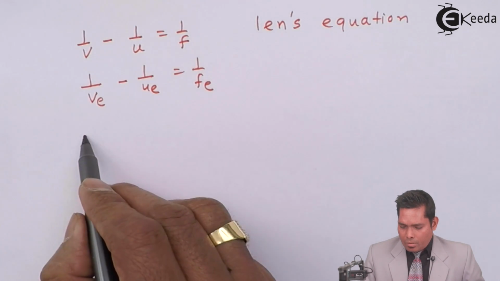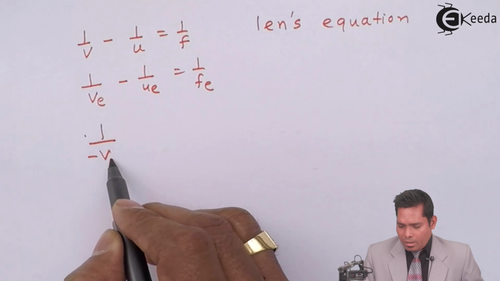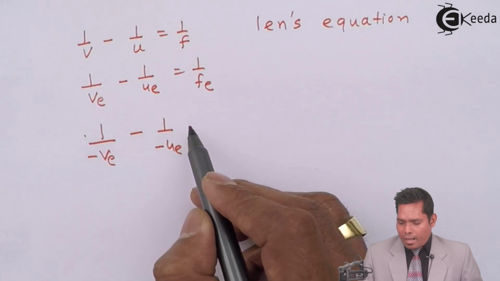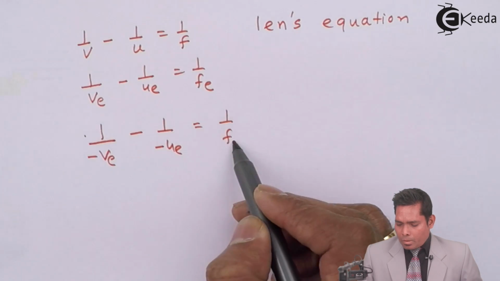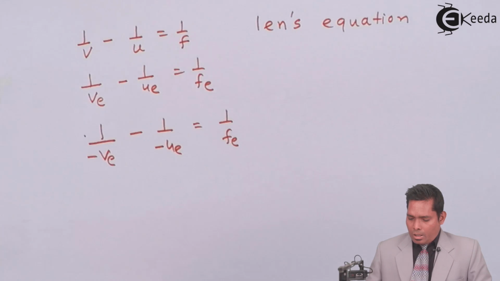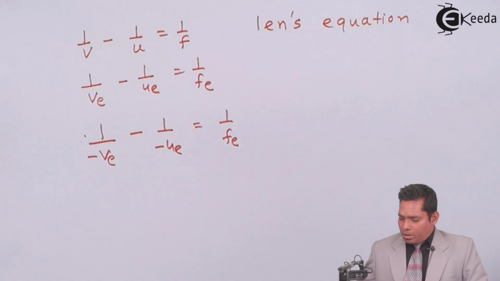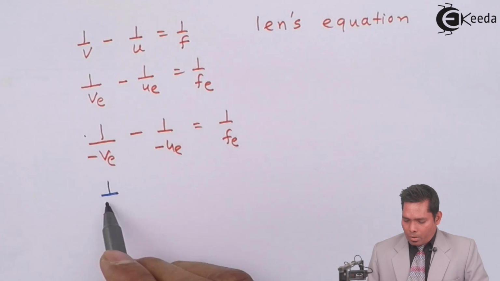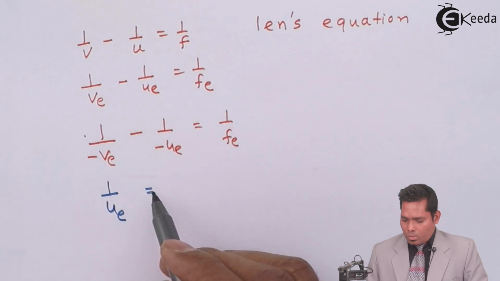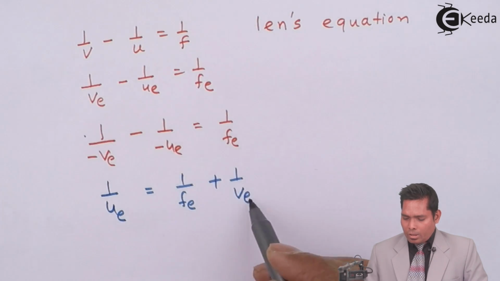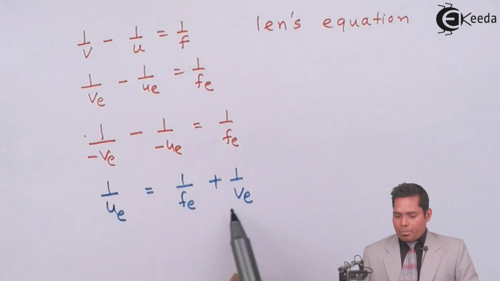So I'll write 1 upon minus VE minus 1 upon minus UE, and that is equal to 1 upon FE. Focal length is positive in case of the convex lens. I want to get rid of this 1 upon UE, this becomes plus, so 1 upon UE equals 1 upon FE plus 1 upon VE. This is negative, to the other side it becomes positive.